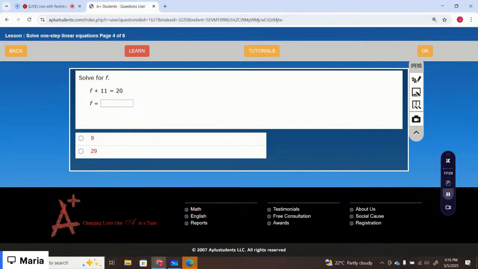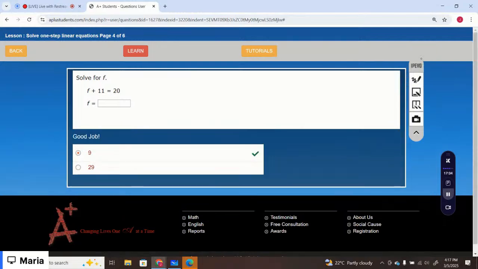Solve for f. f plus 11 equals 20. That is f equals 9. Option number 1 is the correct option.